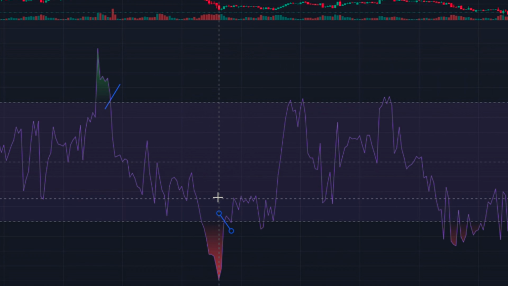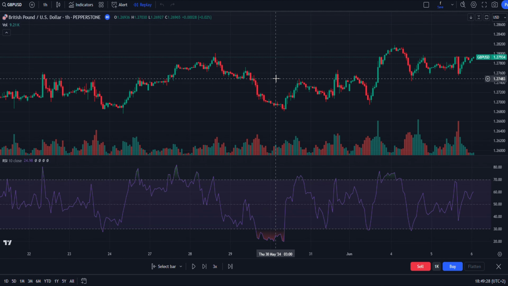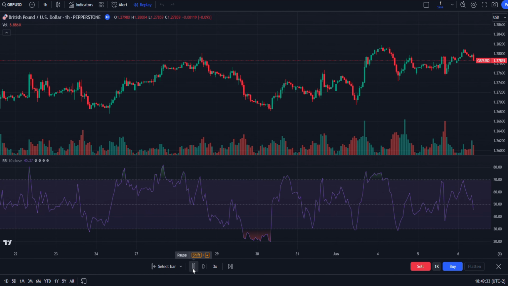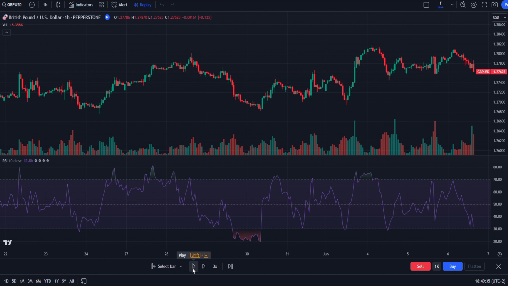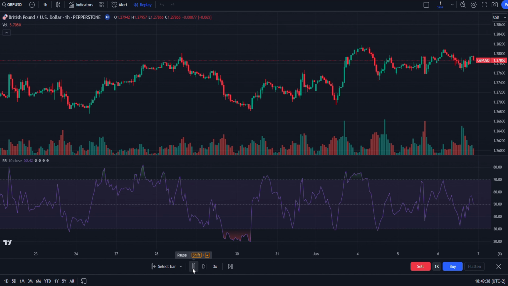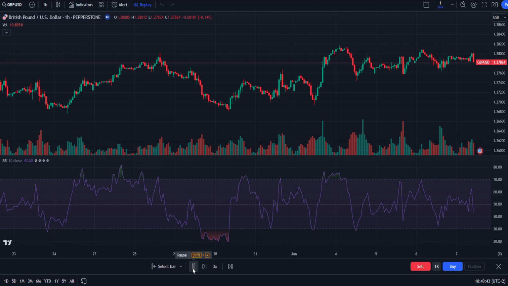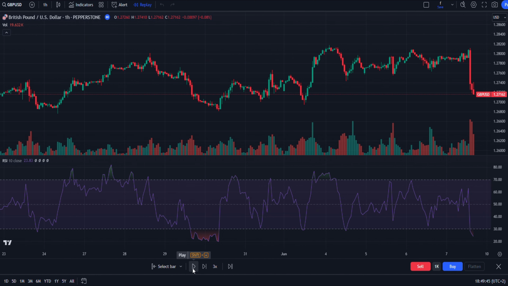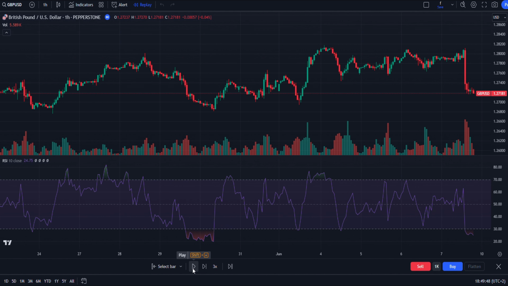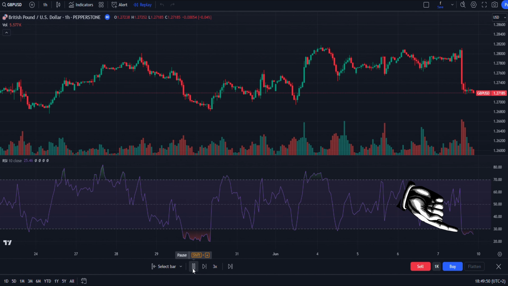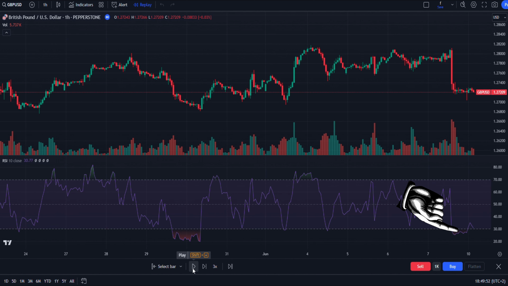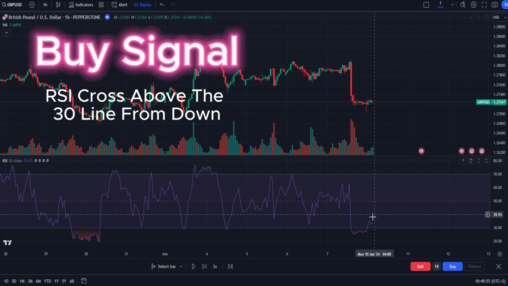Here's an example. For a buy trade, the RSI crossed below 30. Now it is above the 30 line, and this is our buy signal.